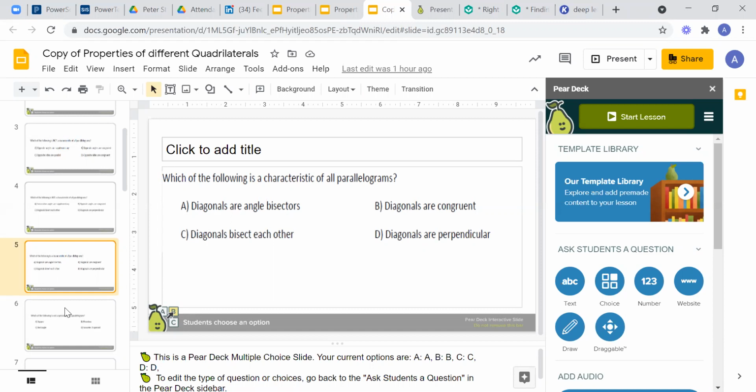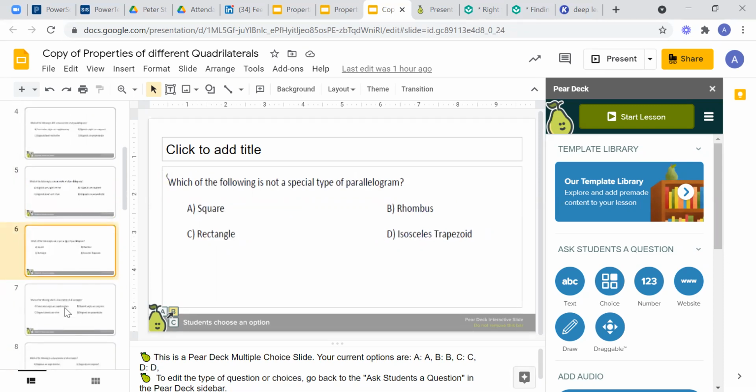Diagonals bisect each other. Okay. Good. That's true. Diagonals are not congruent in a parallelogram. Diagonals are not angle bisectors. Diagonals are not perpendicular. Thank you very much.